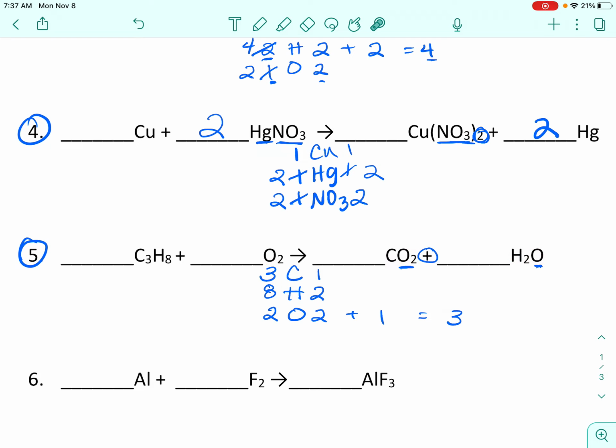This is a special kind of reaction called a combustion reaction. So this is usually some kind of fuel. But you'll see these kinds of reactions pop up every now and again. This is a very common reaction type. So when you're doing these, I like to start with the carbon.